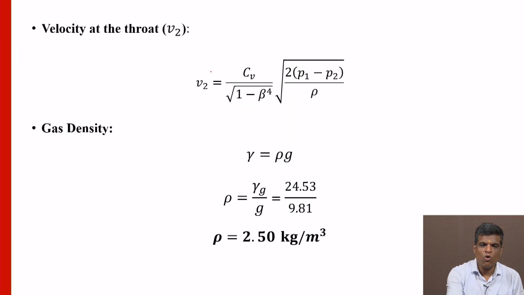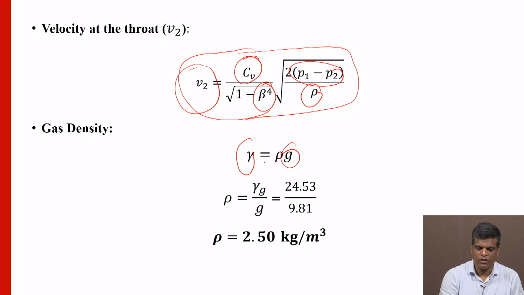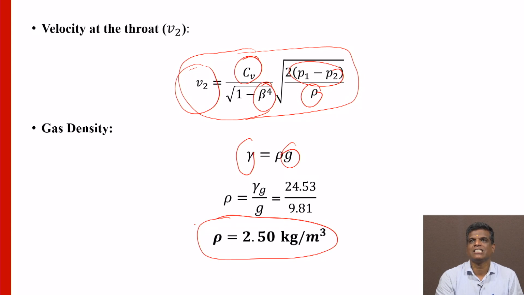So the velocity at the throat, V2 equal to CV by square root of 1 minus beta power 4, times the root of 2 times the pressure drop P1 minus P2 over the density. This is the famous equation we use for the Venturi meter. CV is the Venturi coefficient, the problem has given it. Then there is the diameter ratio, and the pressure drop. So first we get the value of the density of the gas, which is 2.50 kg per meter cube.